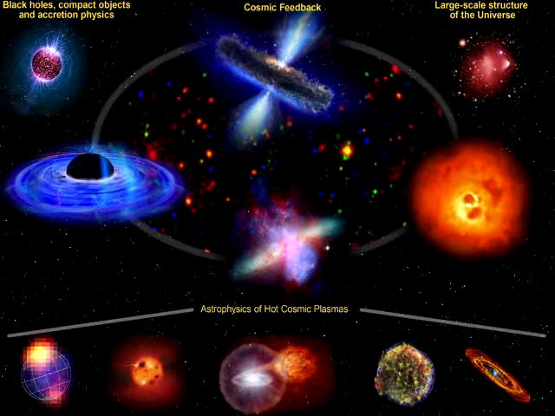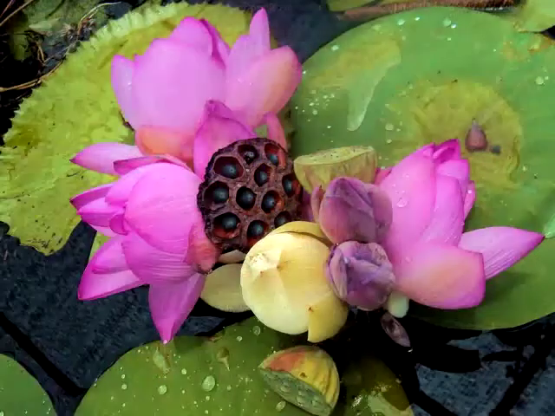Just as the flower of the lotus goes through a cycle of budding and blossoming, in the same way galaxies first form pre-buds.